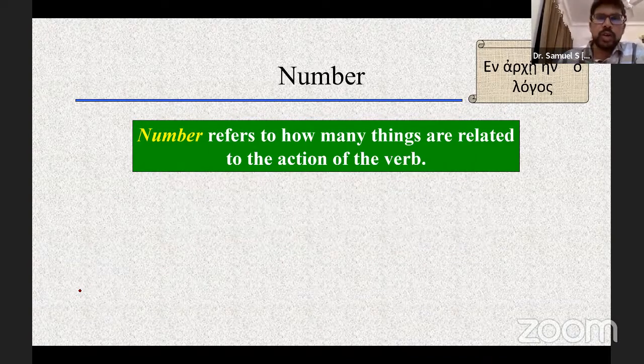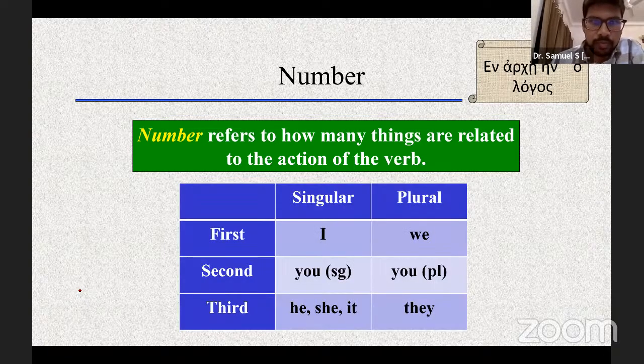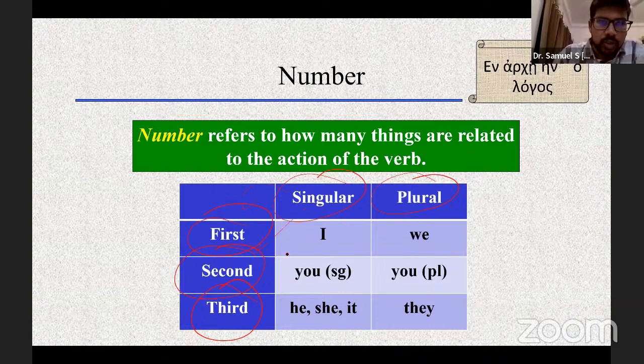Greek verbs also contain and communicate number. Number refers to how many things are relating to the action of the verb. And again, there's first person, second person, third person. The number of the verb is always connected to the person.